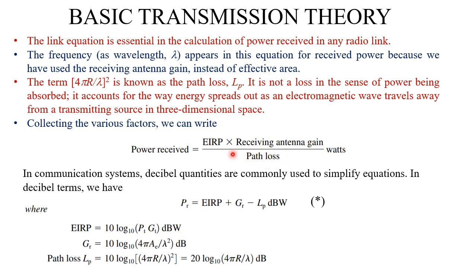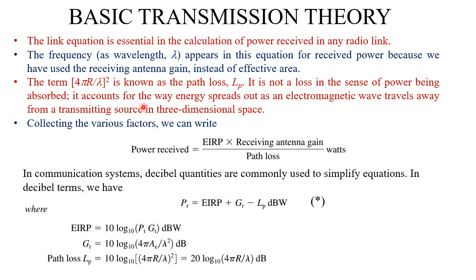Now why are we calling this a loss? Because it is in the denominator. So if this term increases, the denominator will increase and the received power will be reduced. So in that sense, it is a kind of loss, though this loss is not associated with any kind of absorption, right?